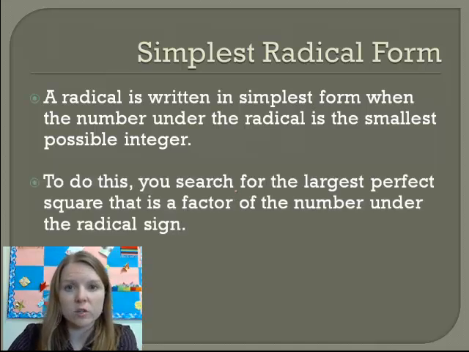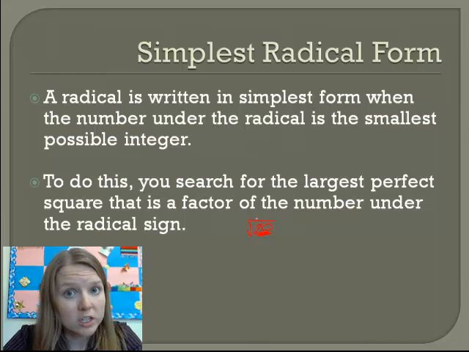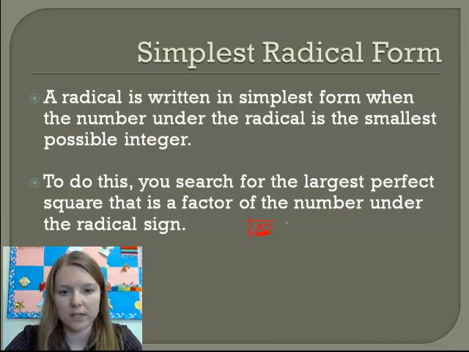So to do this, you search for the largest perfect square that is a factor of the number under the radical sign. So for example, if you had, say, root 20, to write that in simplest radical form, you want to find the largest perfect square that's a factor of 20.